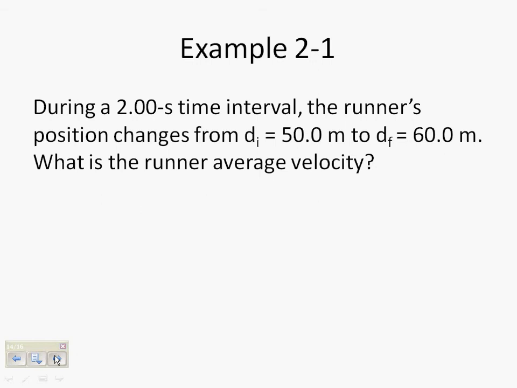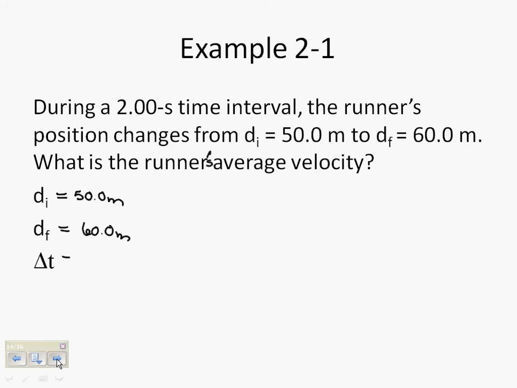So we should have an apostrophe there. Okay, so I like to list all my variables, and I think I've done that. dI, dF, and a delta t. So dI is 50. Final position is 60 meters.